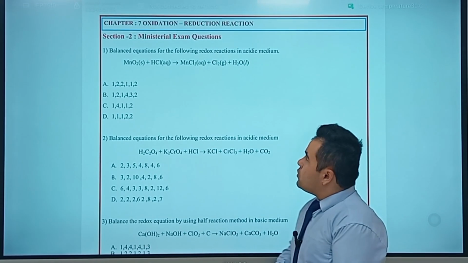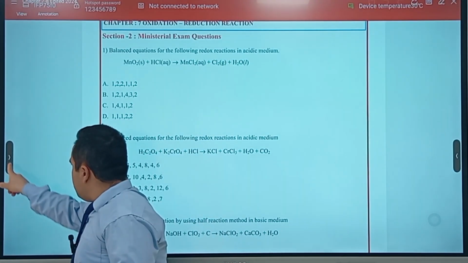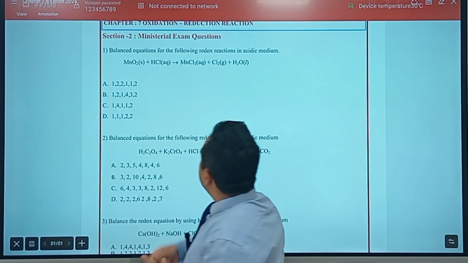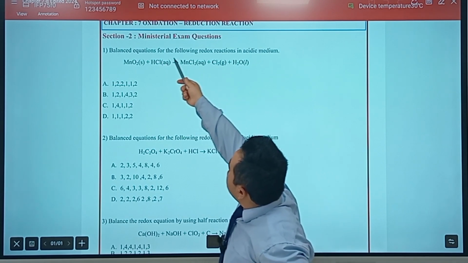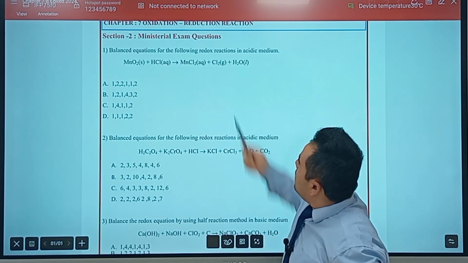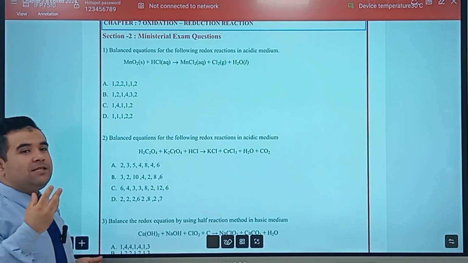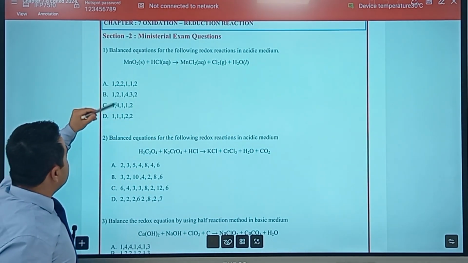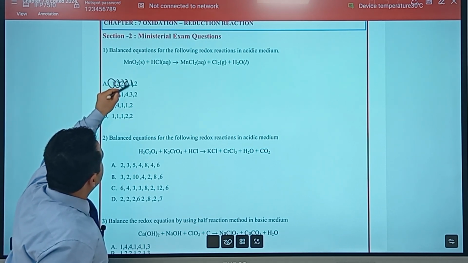Guys, it's time to solve some ministerial exam questions in section 2. Let us solve some of those questions. Balance the equation for the following redox reaction in acidic medium. So this is an easy type of question. We have to add these coefficients respectively to the above.